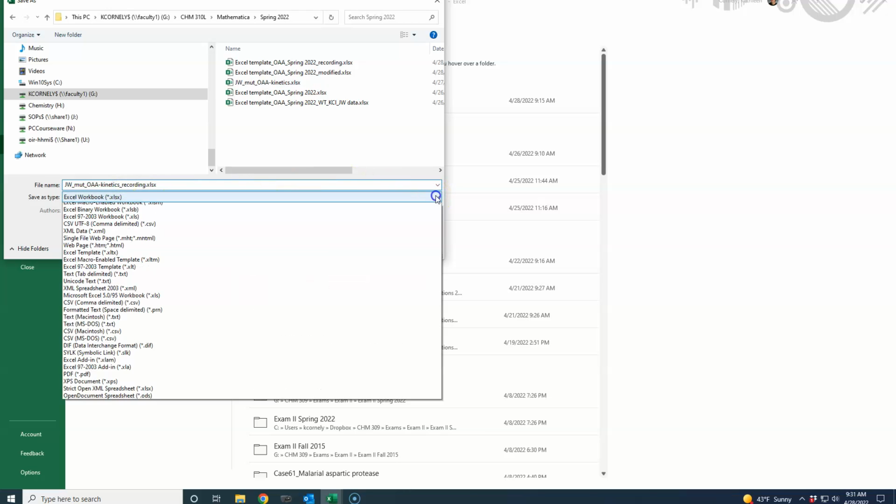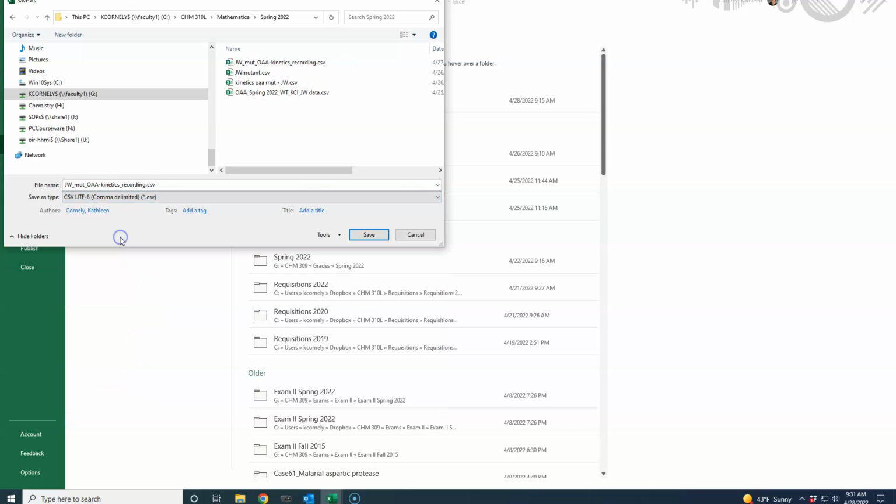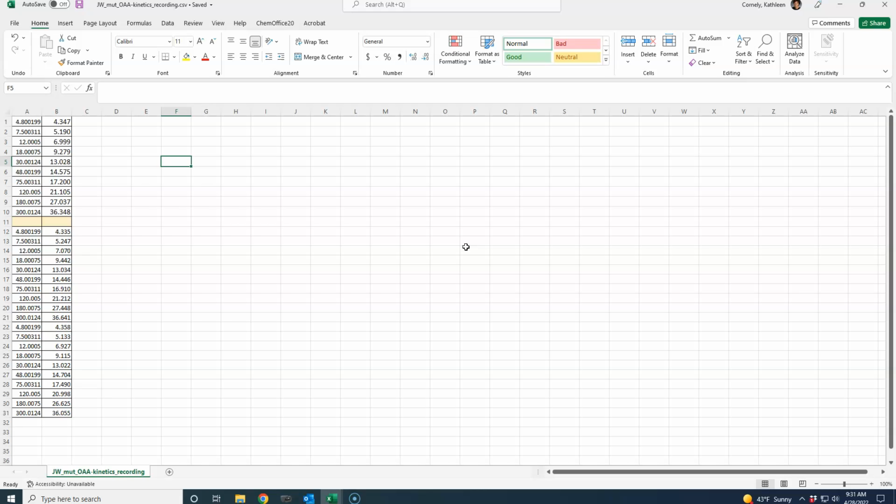But I'm going to save this as a CSV file, not as an Excel file. It needs to be imported into Mathematica as a CSV file. And then I'm going to hit save. This is the second time I did the recording, so I guess I will go over and replace that. So now I have a set of numbers that I can load into Mathematica. In the next video, we'll show you how to do that.